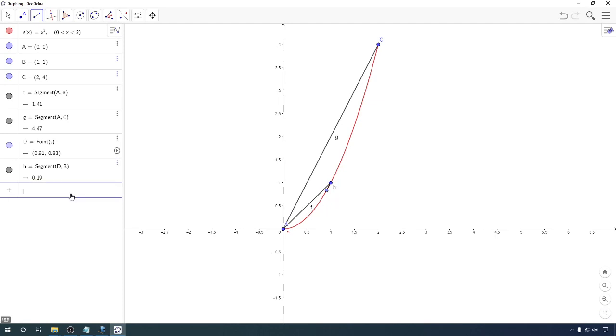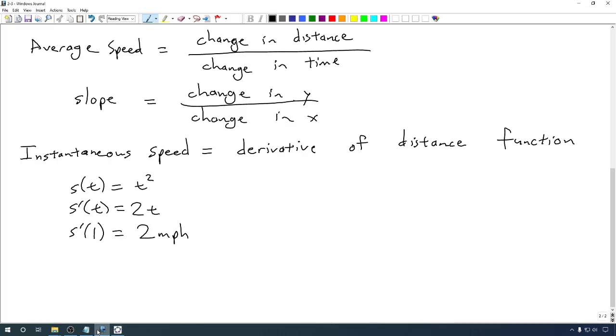We could even go ahead and use that slope of 2 and show that at t equals 1, we do have that actual tangent line with a slope of 2. But at exactly 1 hour, the object was traveling at 2 miles per hour.